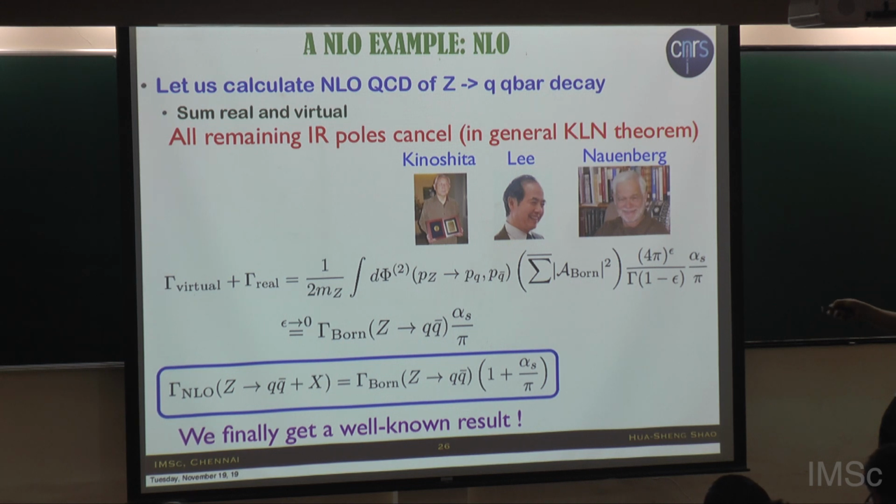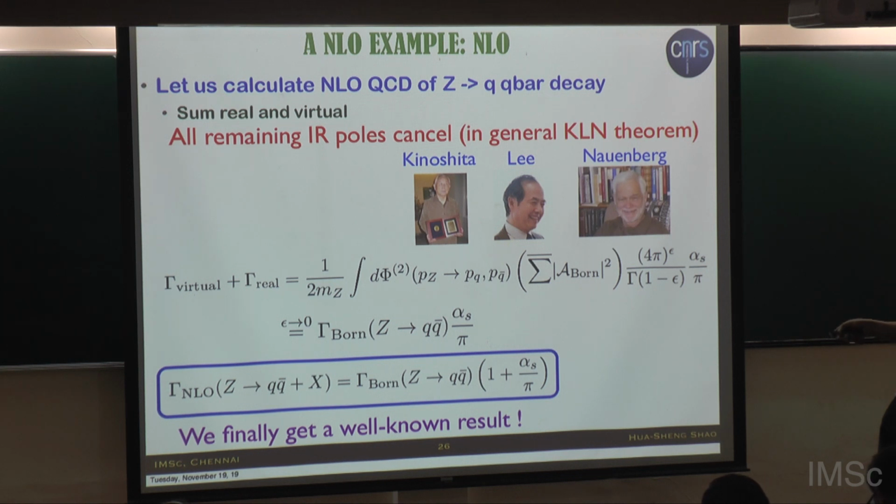For any infrared safe quantity, in principle, if you sum all the real and virtual, the infrared poles cancel. If you integrate them out, it's just the Born times alpha s over pi. So I get a famous result.